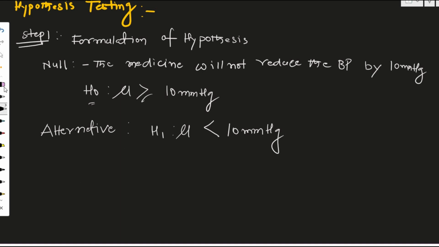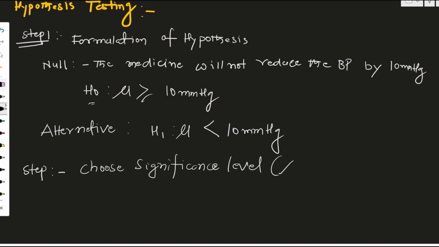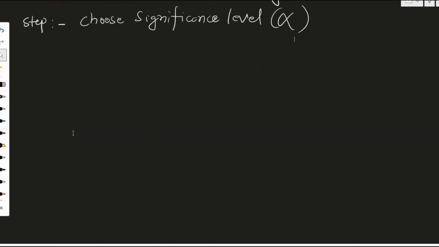Now step two. In step two we have to choose the significance level, which is also denoted by alpha.